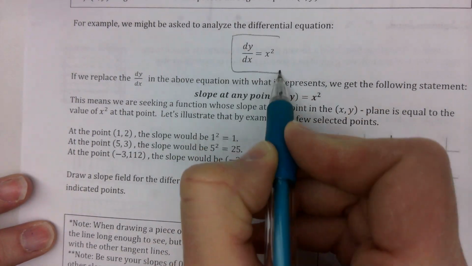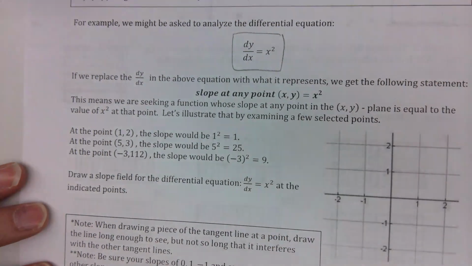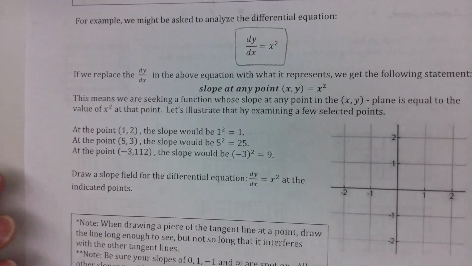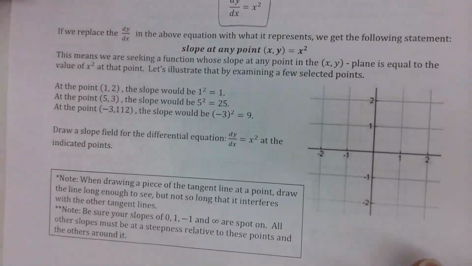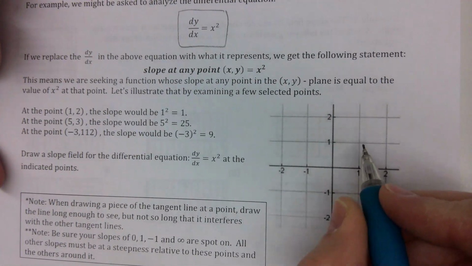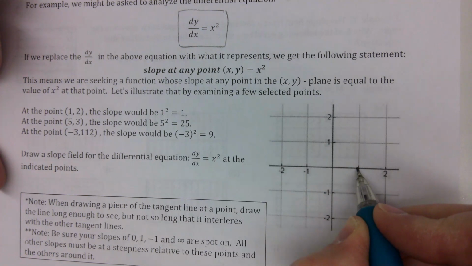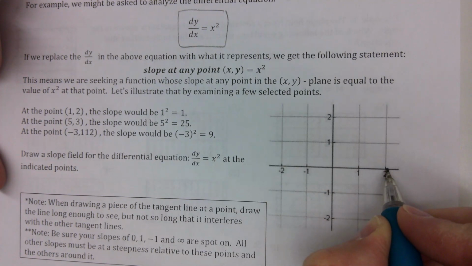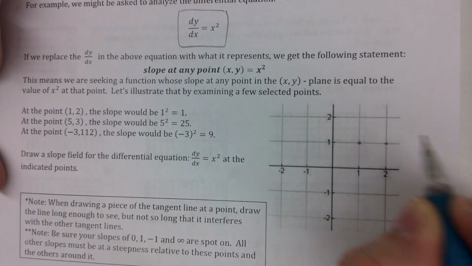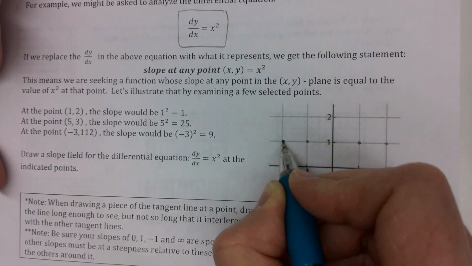So if we are given a differential equation, what we can do is take all of the points that are given in this little bitty grid. Give me all the points that you see. 0, 0, 1, 0, 2, 0, 2, 1, 1, 1, 0, 1, negative 1, 1.